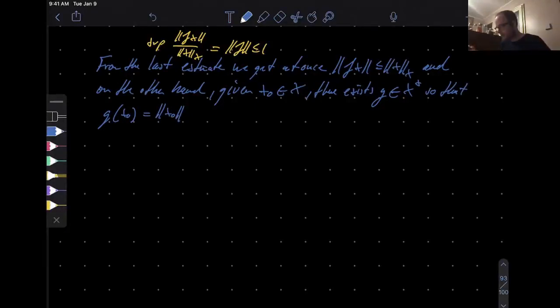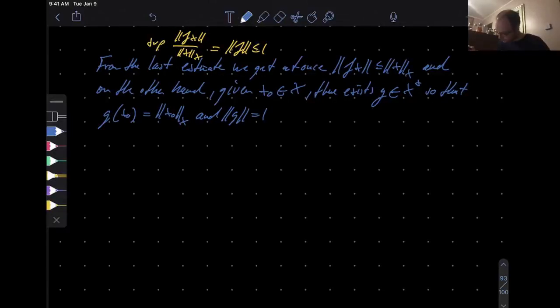Then this was the first real corollary asserting that dual spaces are sufficiently large. There's plenty of linear functionals. And that was saying that given a point, you can find a linear functional that is equal to the norm of this point at the point. And the operator norm of the linear functional is equal to 1.